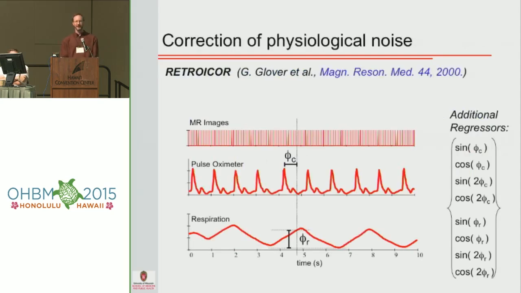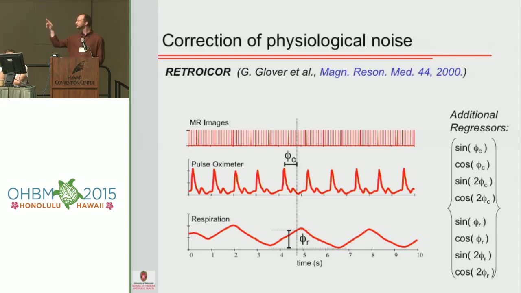Another method, if you don't have that fast sampling, is called RETROICOR. And a predecessor to that was from Xiaoping Hu, doing the same thing but in spatial frequency space. The idea here is that you want to measure the phase of the cardiac cycle and the phase of the respiratory cycle that each image was acquired in.